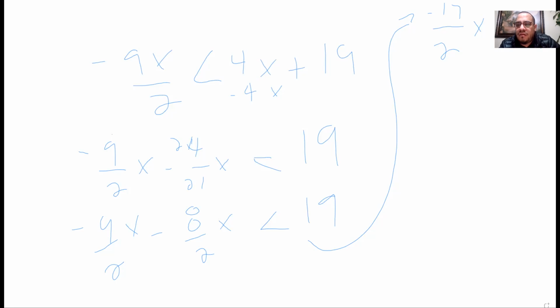So let's do that. We're going to multiply both sides by 2 over -17. And since we're multiplying by a negative, what's that going to do to the inequality sign?